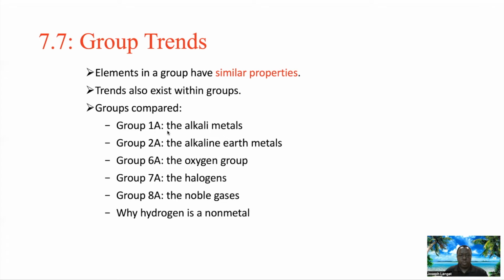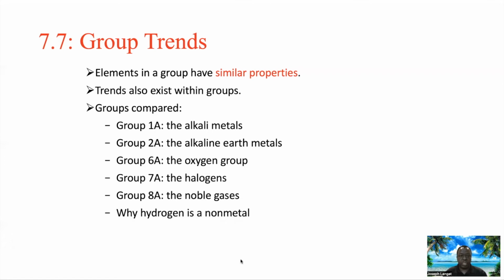The groups we'll compare are group 1A, group 2A, which we call alkali and alkaline earth metals, group 6A, the oxygen group, and group 7A, which we call halogens, spelled H-A-L-O-G-E-N. Group 5A we sometimes call the nitrogen group, because that's where nitrogen is.